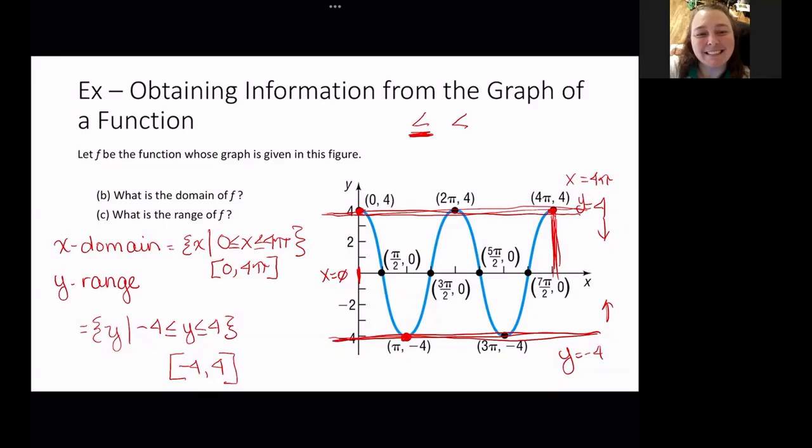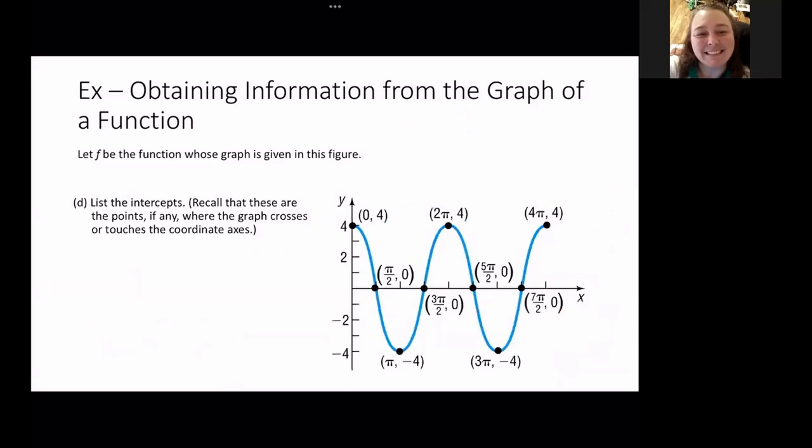So next, let's look at the intercepts. Remember that an intercept is where it crosses or touches any of the coordinate axes. For this one, we have this point, this point, this point, this point, and that point. All we have to do is write out those points: pi over 2, 0, 3 pi over 2, 0, 5 pi over 2, 0, and 7 pi over 2, 0.